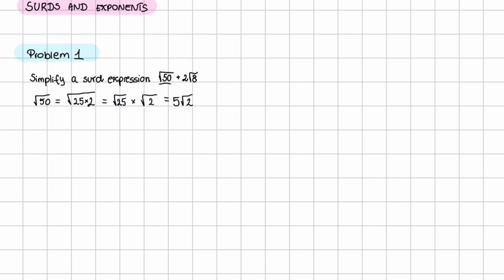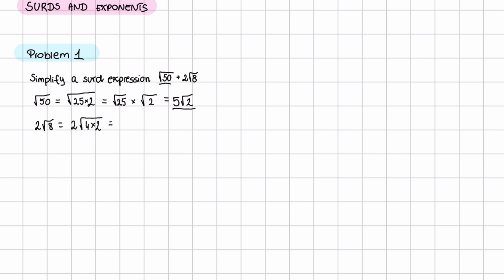So that is our square root of 50, and for our 2 square root of 8, we can also do something under this square root and rewrite it. So 2 in the front, and under our square root we can write that this is 4 times 2.